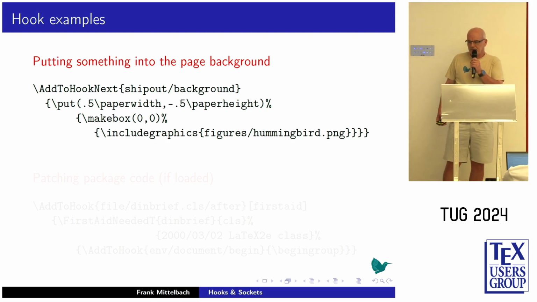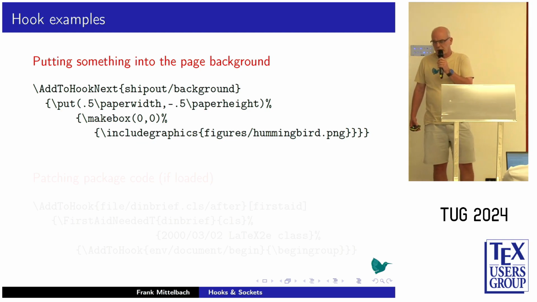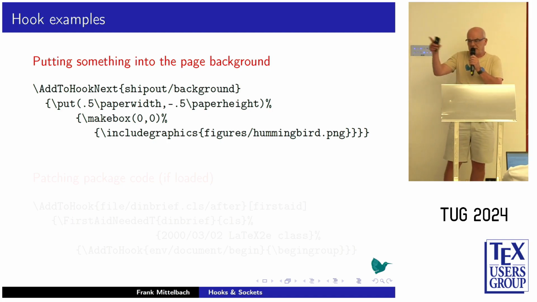And as you see, it's basically a piece of picture code. The shipout background hook is putting a picture behind the pages, so you can place something on the next page.